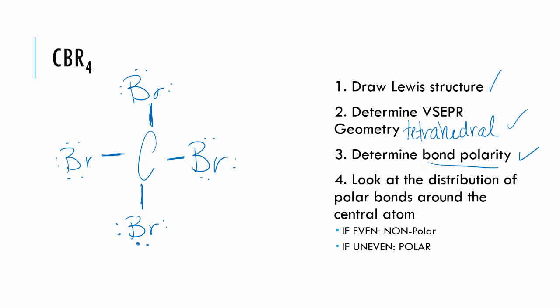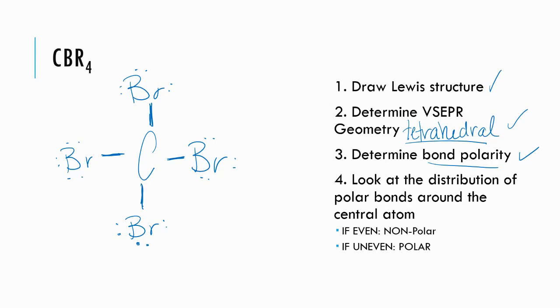Now we're going to look at the distribution of those bonds around the central atom, and I'm going to think about my shortcuts. A tetrahedral shape is not one of those polar shapes that I listed, right? It's not bent, it's not trigonal pyramidal.